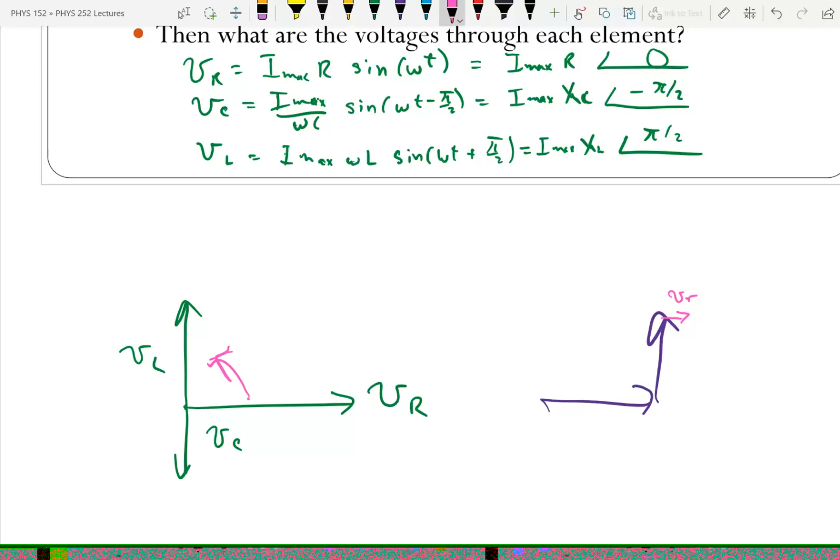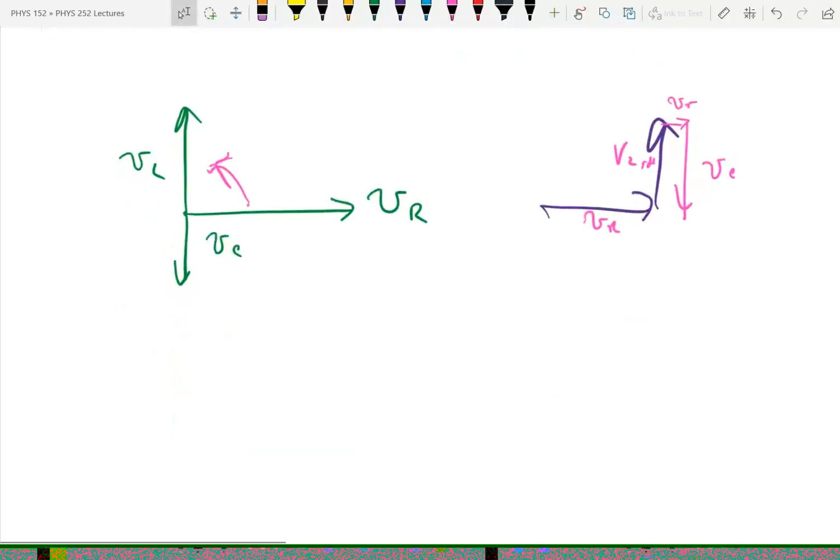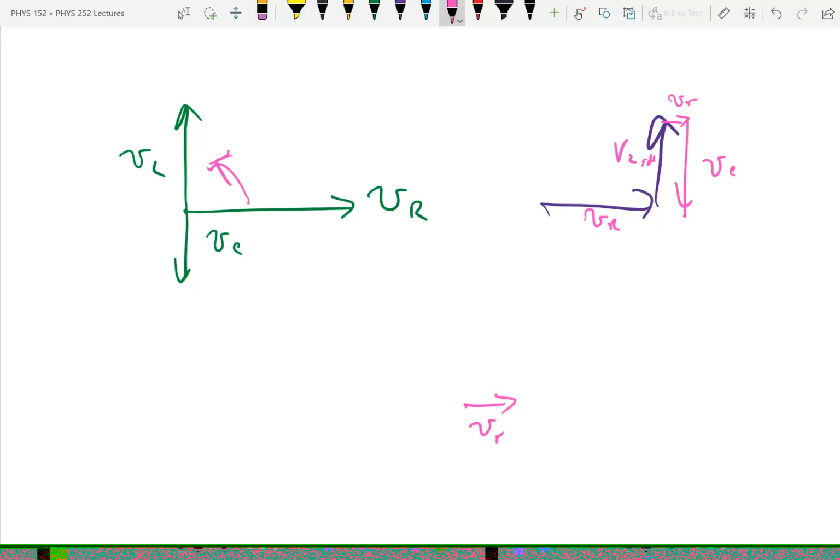And so we're going to have our actual VR like this, the VL ideal, and then the V little r, and then we'll have the VC. Actually, the way I have you add them is V little r, V L ideal, then V capital R, and then VC. The size of VL versus VC is going to depend on your frequency because XL and XC depend on the frequency.